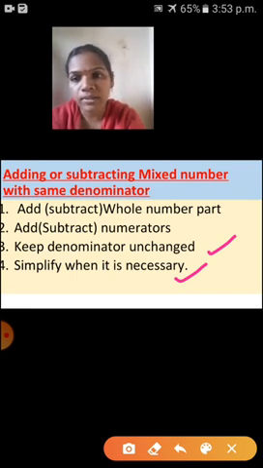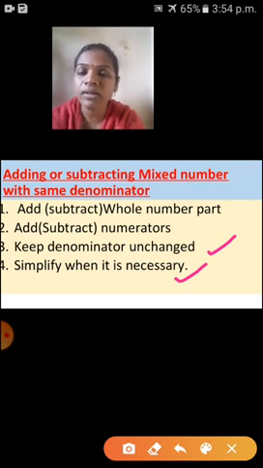Afterwards add numerators. Third step is denominator you don't change, you have to write that same number. And the fourth one is simplify when necessary. If the final answer fraction has a common factor, you have to simplify that fraction. So understood children?